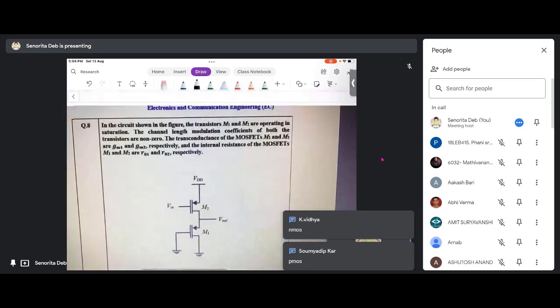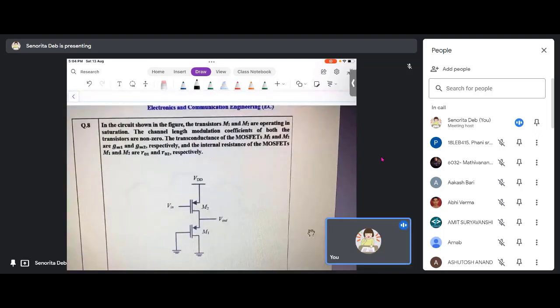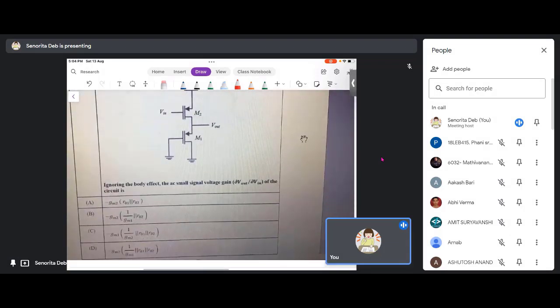They have mentioned that the transistors M1 and M2 are operating in saturation. No other information is given except that their transconductances are GM1 and GM2 and their internal resistances are RO1, RO2. And they have asked you to find delta V out by delta V in.